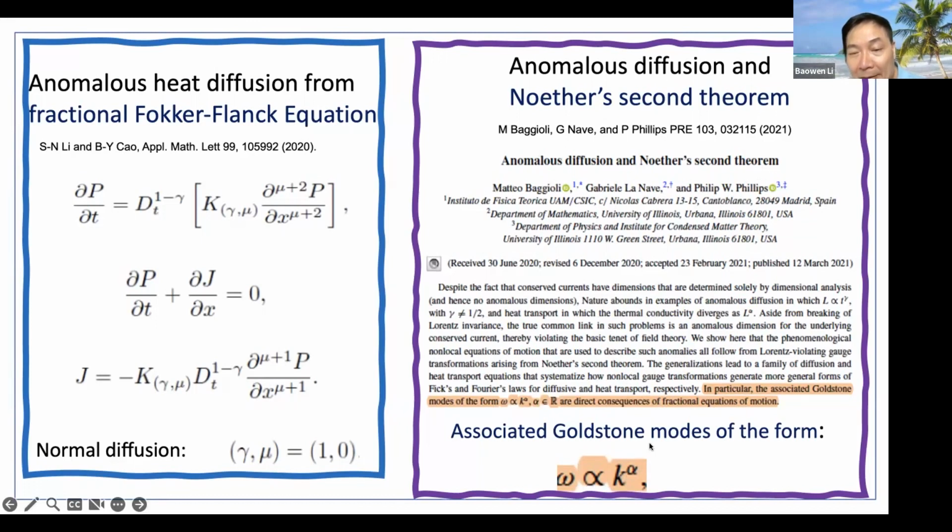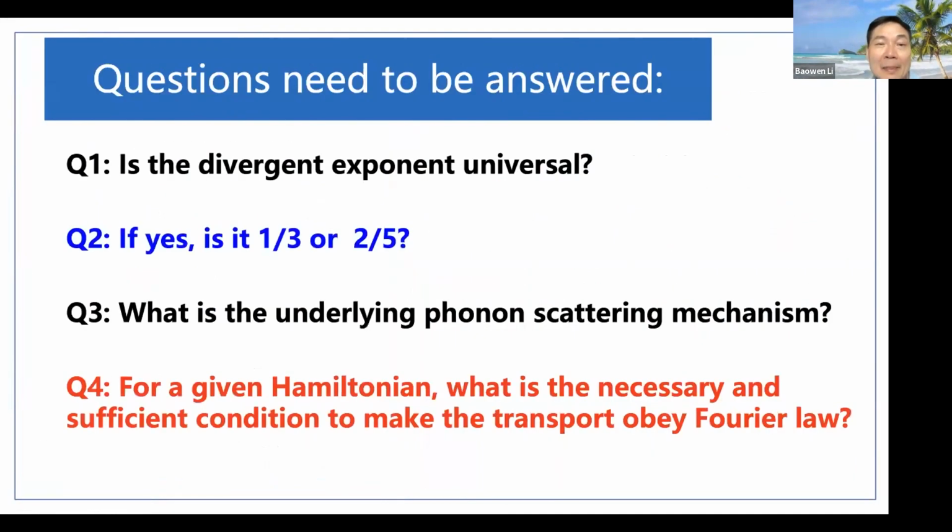Alpha is a diffusion coefficient. So far, I have checked all our numerical simulations and I haven't obtained this relationship. So this is another puzzle for further study.